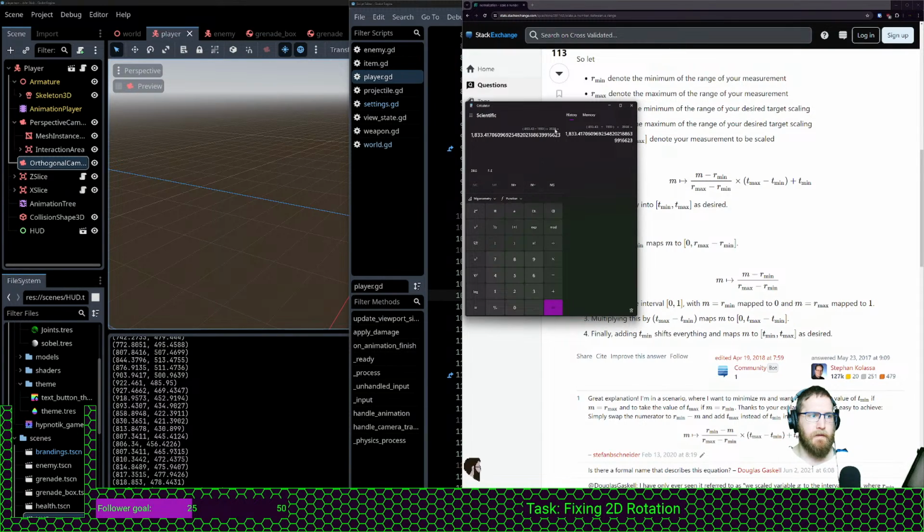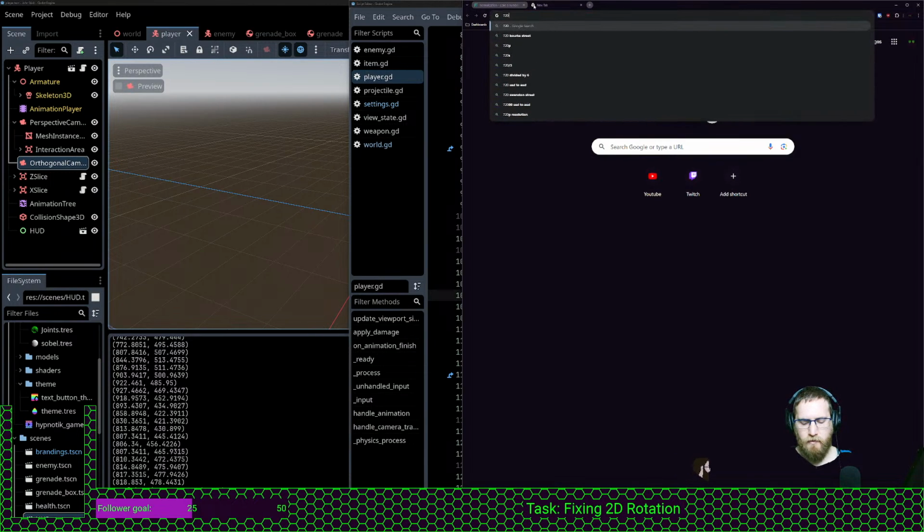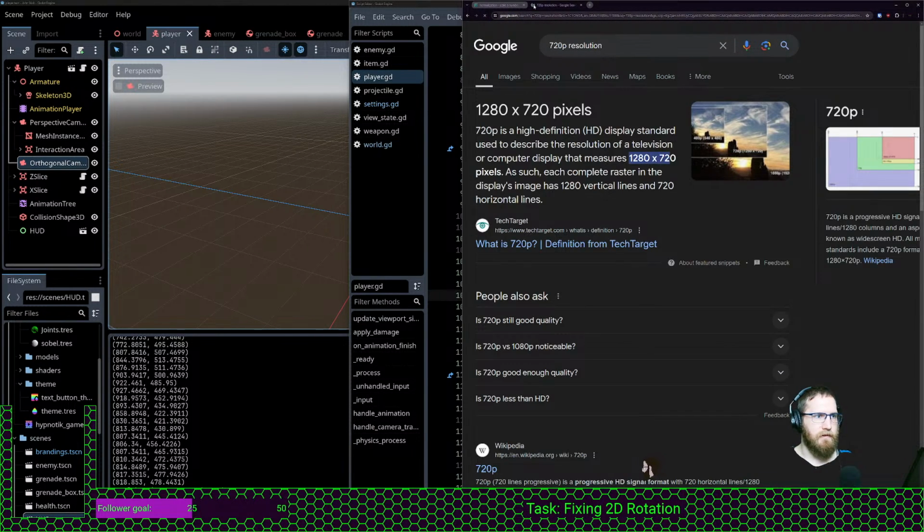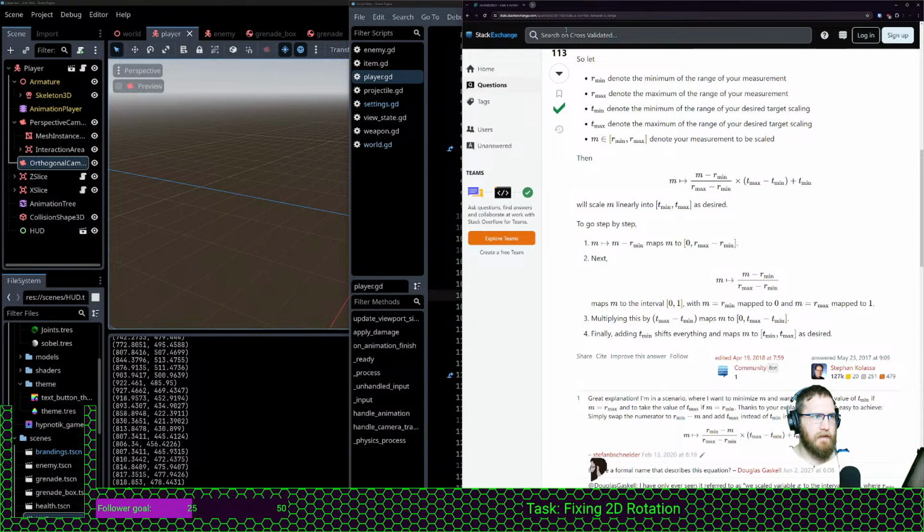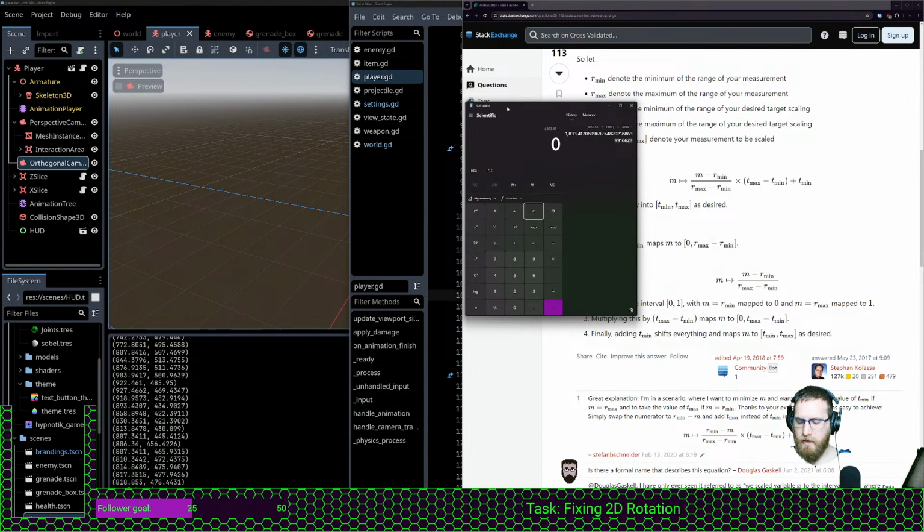And that would work as well if I did 893.43. We divide that by, let's say they've got 720p for some reason. So what's a 720p monitor size? 720p resolution, 1280. So it would be divided by 1278 because Godot drops off 2 pixels for some reason.